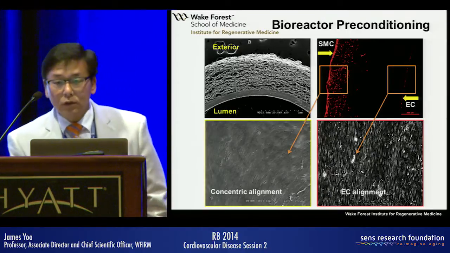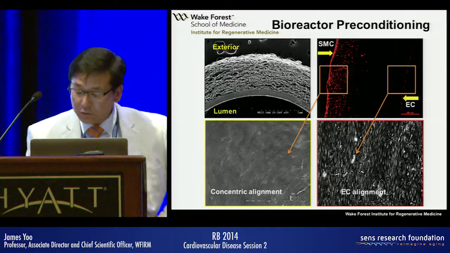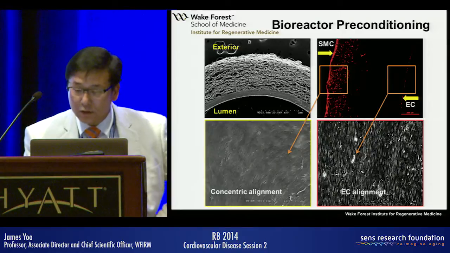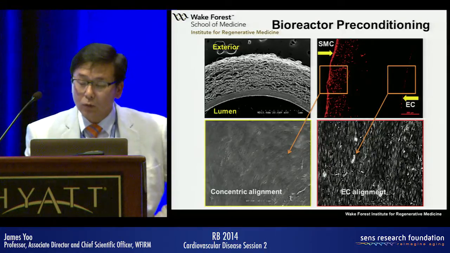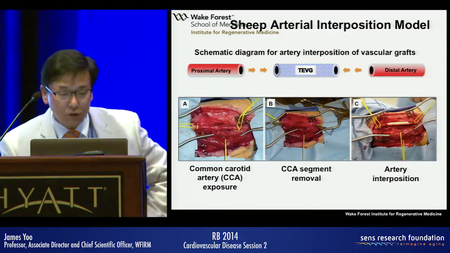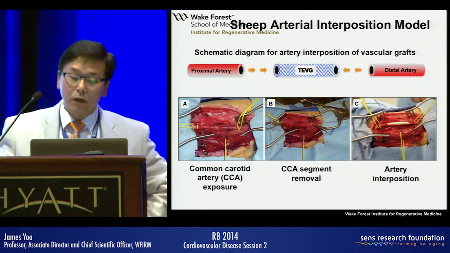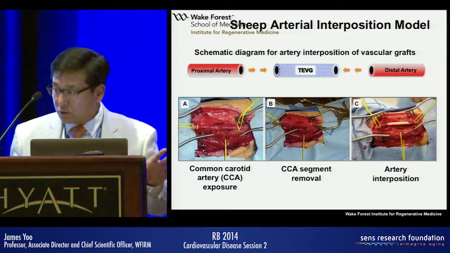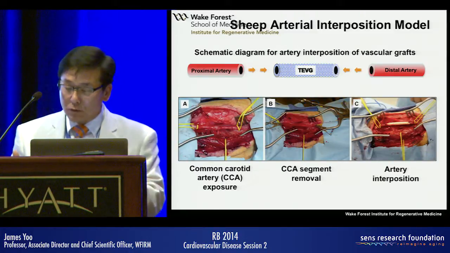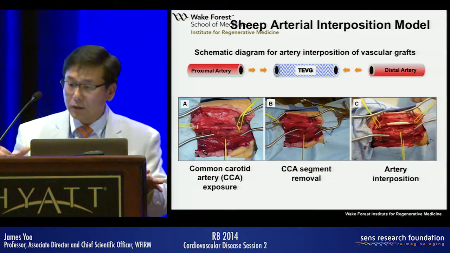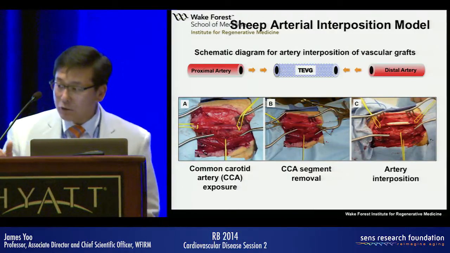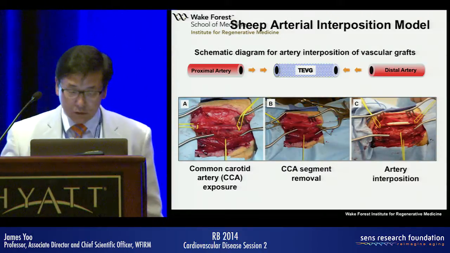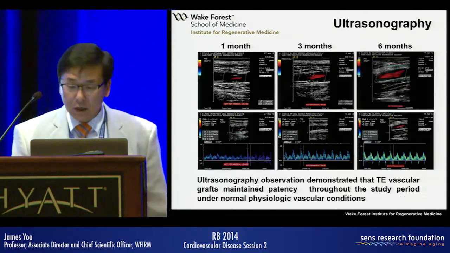The next step was we wanted to see if this tissue construct, this vessel construct, would survive, function normally and eventually mature into tissue. So we have used a carotid artery model. We exposed the carotid artery and removed 5 centimeters of length of the carotid artery, replaced it with the vessel construct and then followed the animals.